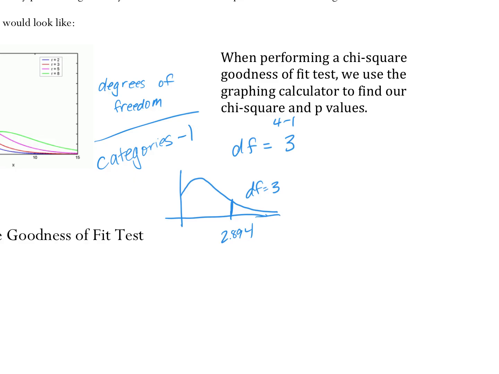When we're dealing with chi-square, more extreme is to the right always. So my lower, I'm going to put our value, which was 2.894. My upper, some really big numbers. My degrees of freedom, 3.